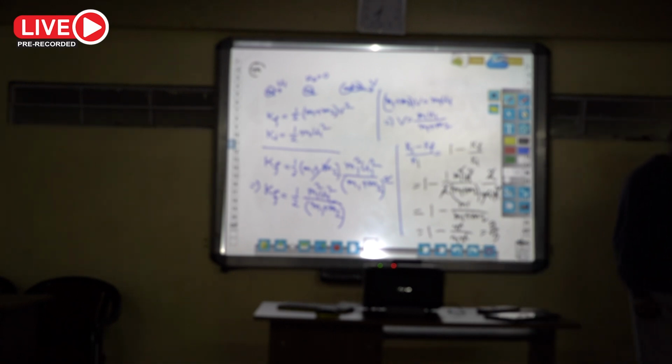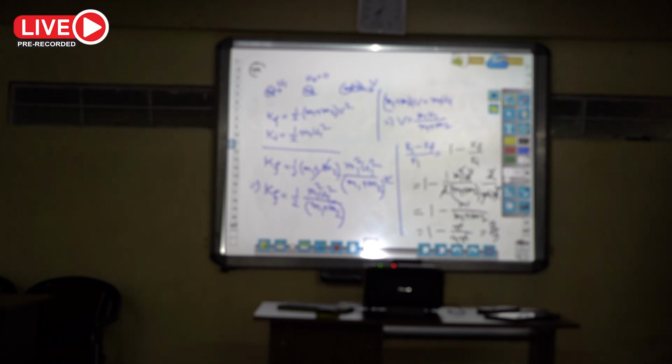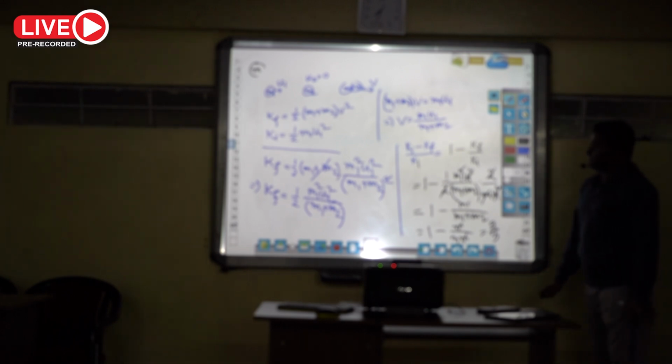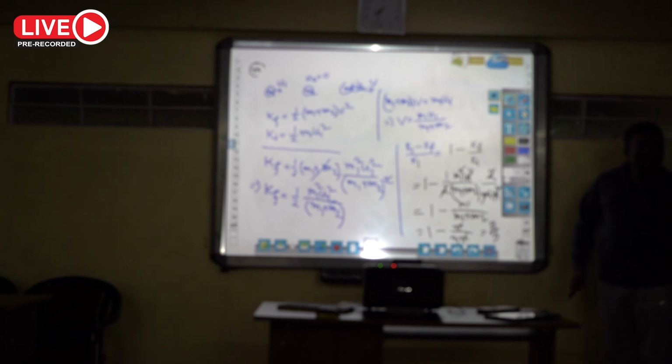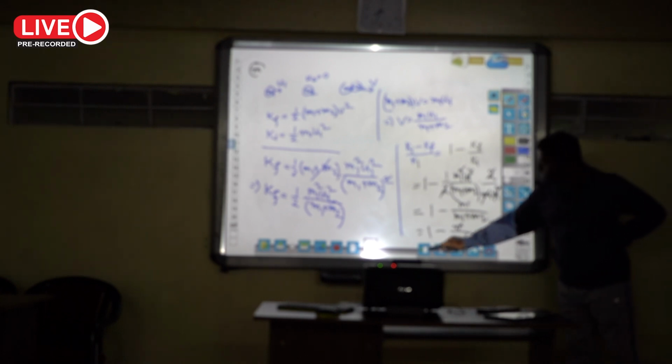Now there can be many cases and the particular language of the problem matters. Sometimes another part of the problem comes that final kinetic energy is how much fraction of the initial kinetic energy. That can also be given. I will not erase this.